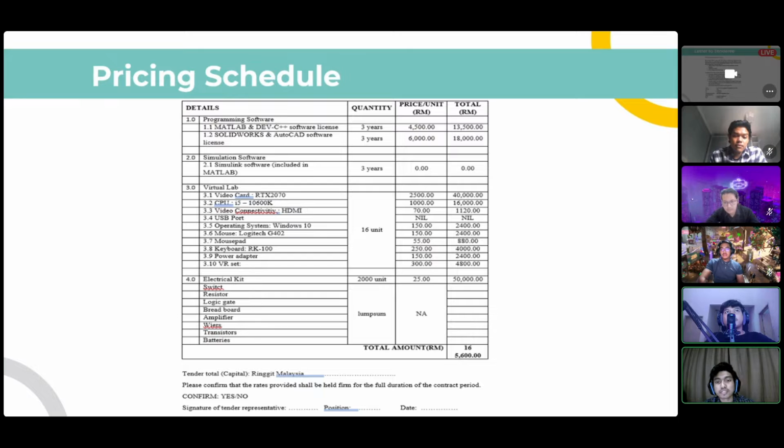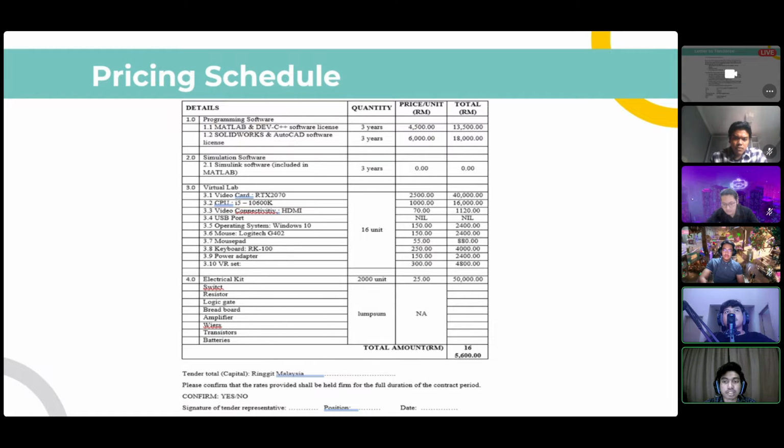So next for the virtual lab, the requirement is video card RTX 2070, and price per unit is 2,500. CPU will be i5, 1000. Next, the video connectivity, which is HDMI.